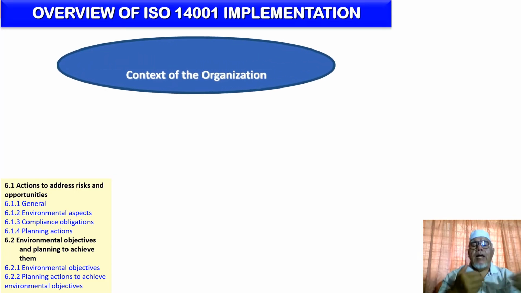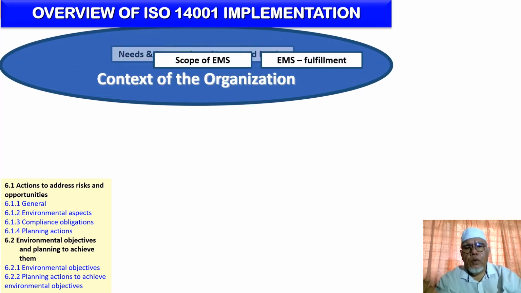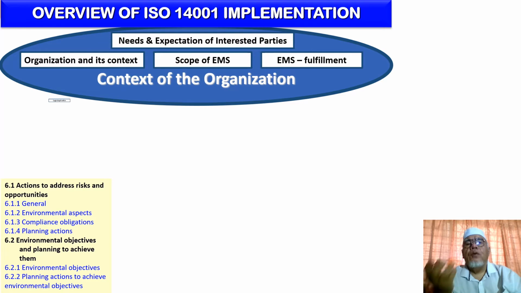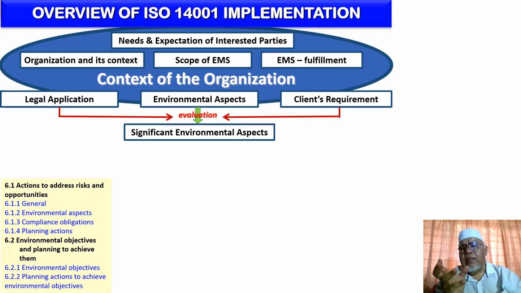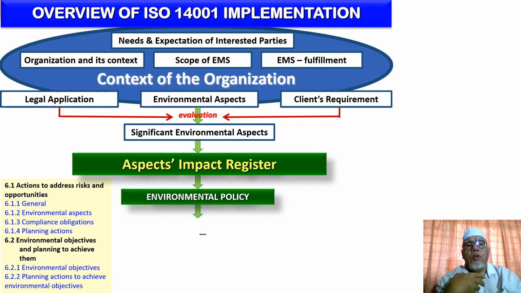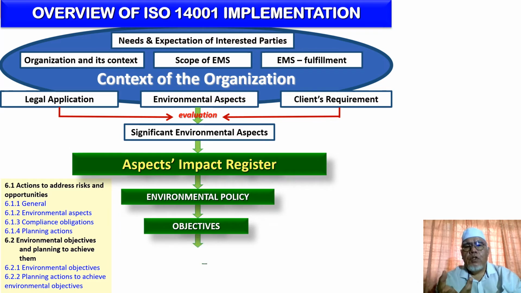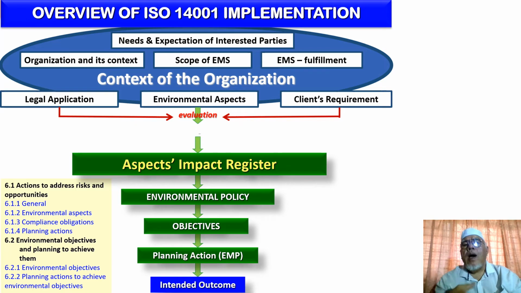Let me recap again. The implementation of ISO 14001 is very important for our organization to know our position as an entity in a particular country, in a particular region. We got to know who our interested parties are. That's the context of the organization, and we know why we exist.